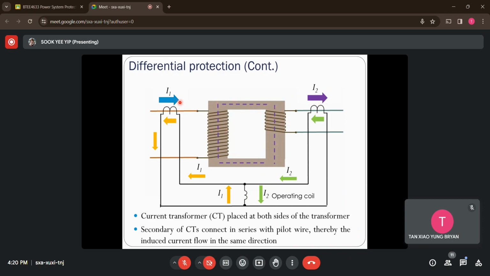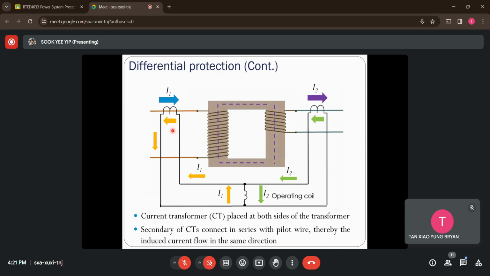One at the primary side, another one at the secondary side. And then the secondary side of the current transformers will connect with the differential relay. So this is the differential relay, with this coil here indicating the operating coil. How I connect the current transformers with the relay is obviously with wire. We can call it pilot wire.